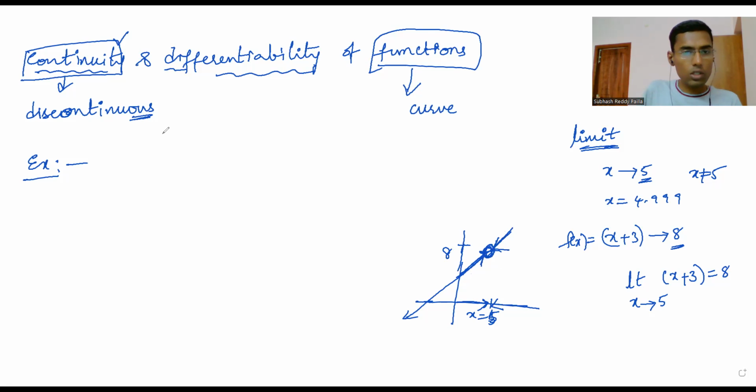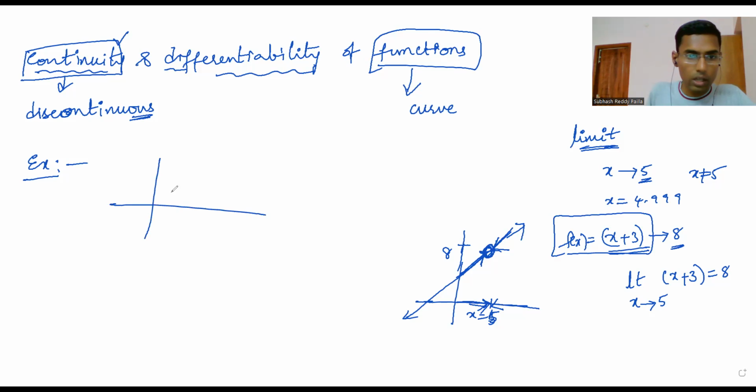So here discontinuous and continuous also work the same way. In this case, let's say f of x equal to x plus 3 is a curve, but it's a straight curve. Let's say the curve is like this, and here is one gap.